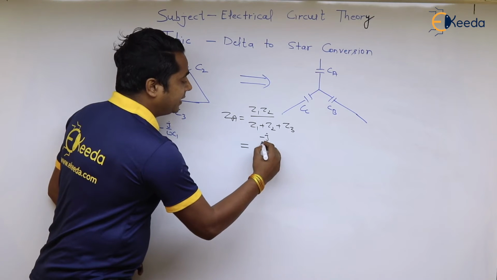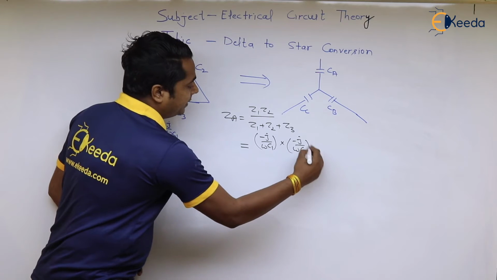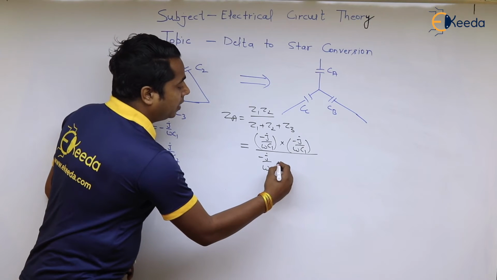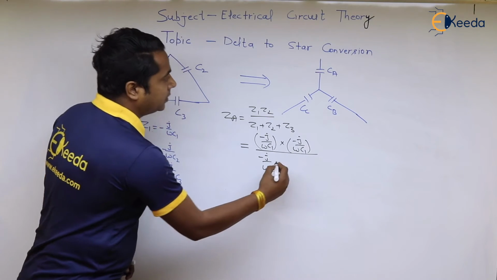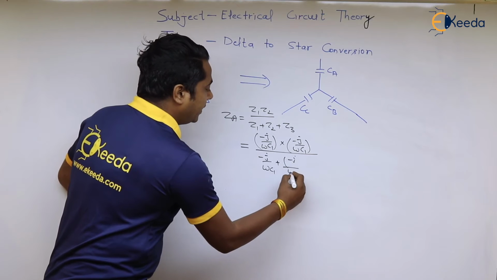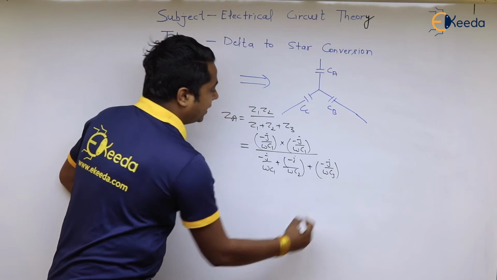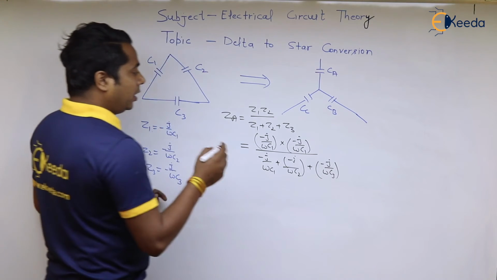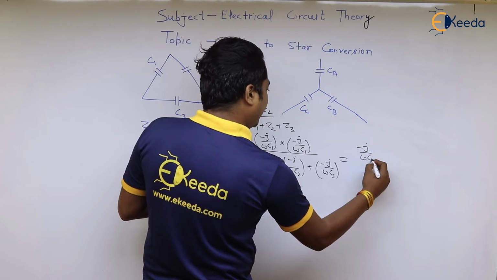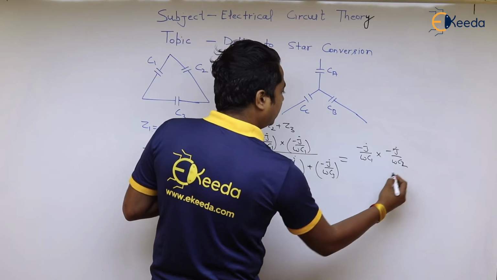So this will be equal to minus j upon omega C1 into minus j upon omega C2, upon minus j upon omega C1 plus minus j upon omega C2 plus minus j upon omega C3. And right now we will be taking the common minus j upon omega.